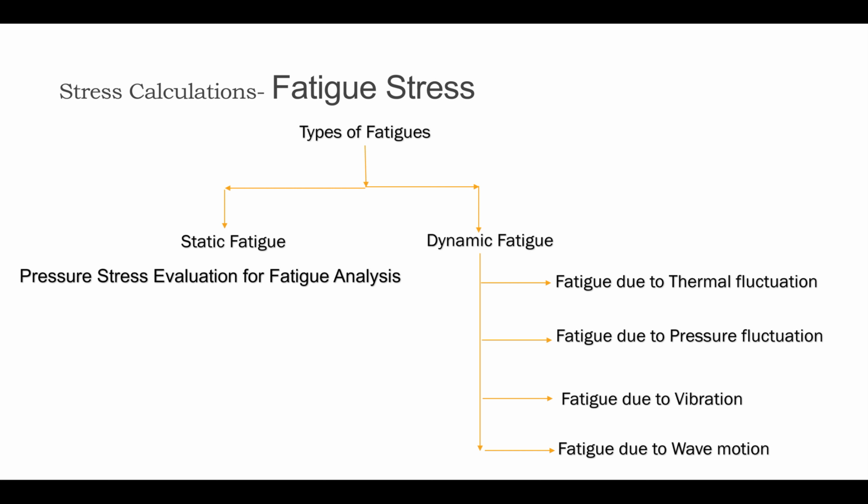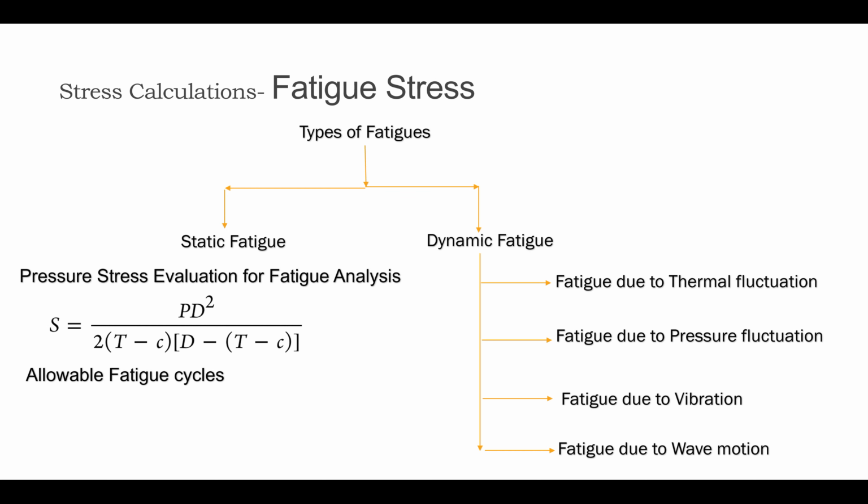As per ASME B31.3 section K304.8.3, for the pressure stress evaluation for fatigue analysis, we can use this formula. For fatigue analysis of straight pipe, this equation may be used to calculate the stress intensity at the inside surface due to only internal pressure. Here P is the pressure, D is the diameter, C is the total allowances, and S is the stress value.